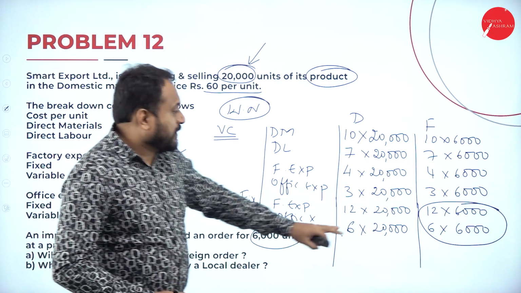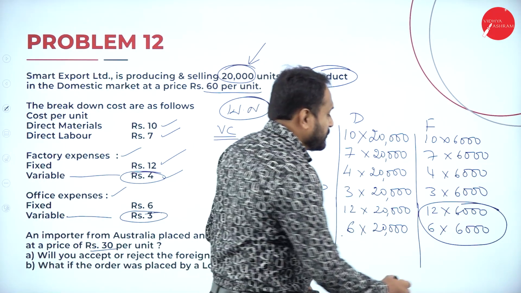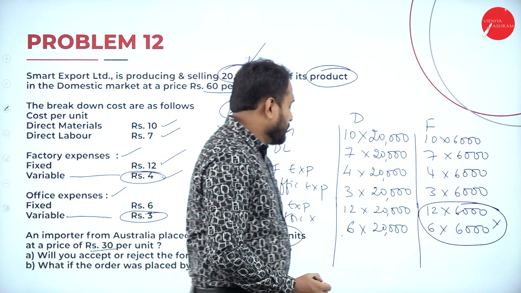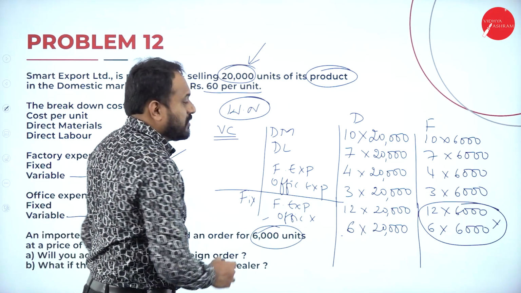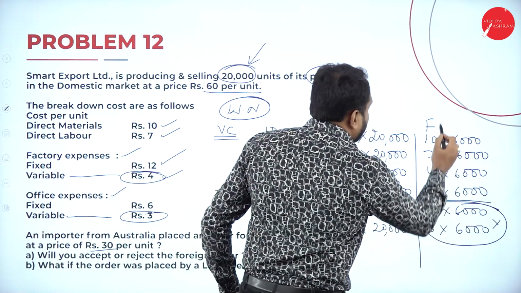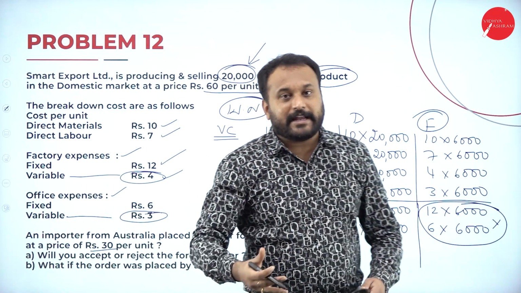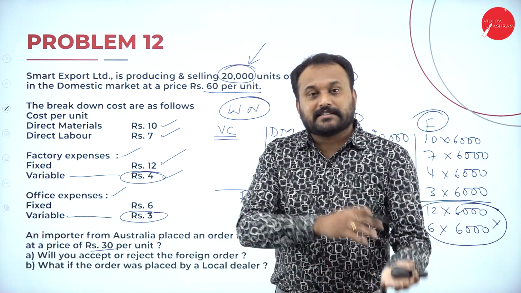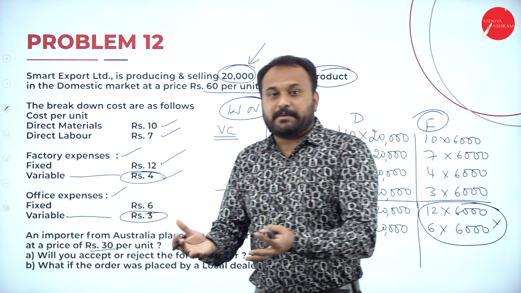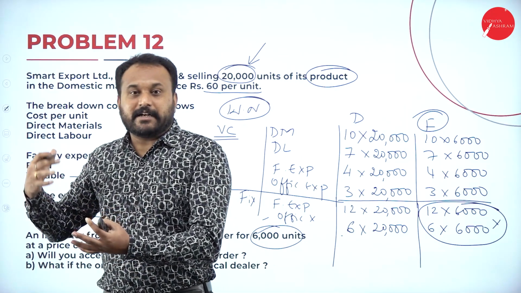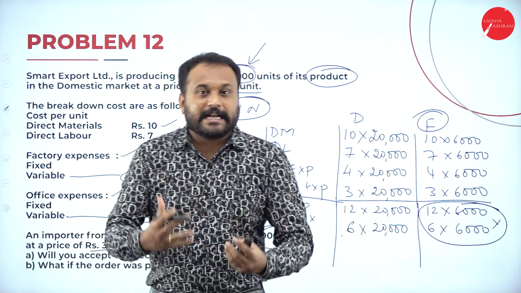Now understand, do not calculate this. Only fixed cost you are not supposed to calculate for foreign order, because already we have paid in the domestic while I am manufacturing 20,000. Extra 6,000 if I manufacture, why should I pay my fixed cost? Already I have paid my rent, I have paid everything. I will not pay anything else.